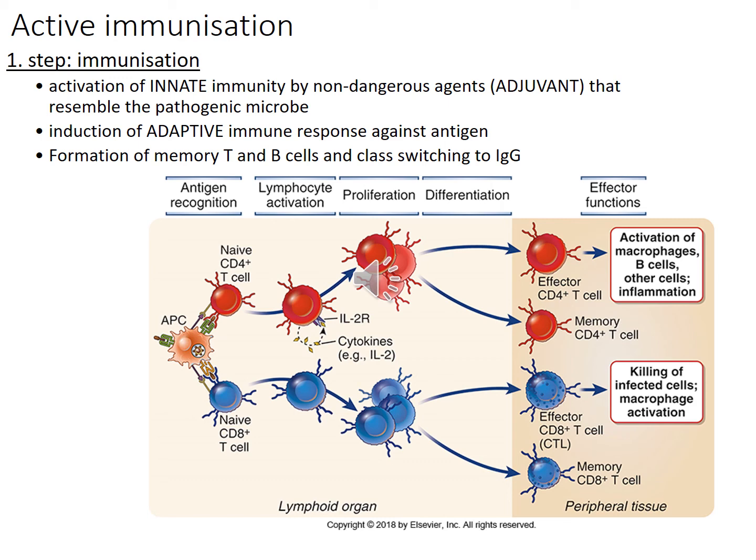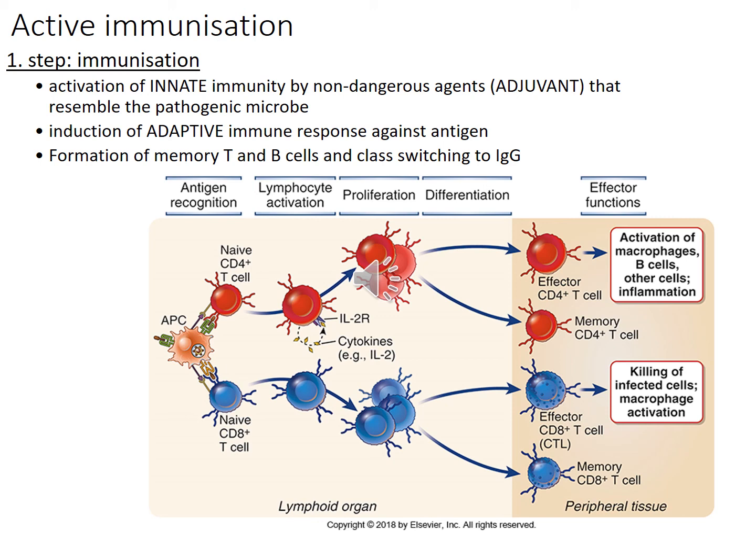Here we need to first induce the innate immunity by antigen and non-dangerous agents called adjuvants. After this, we need to induce the adaptive immune response against the antigen. This will lead to the formation of memory cells and antibodies which are class switched, so this means antibodies produced from plasma cells of the type IgG.